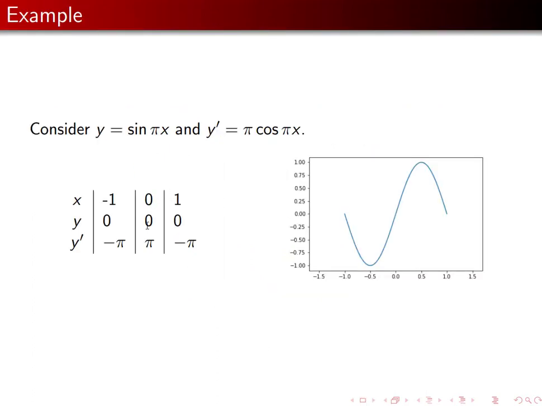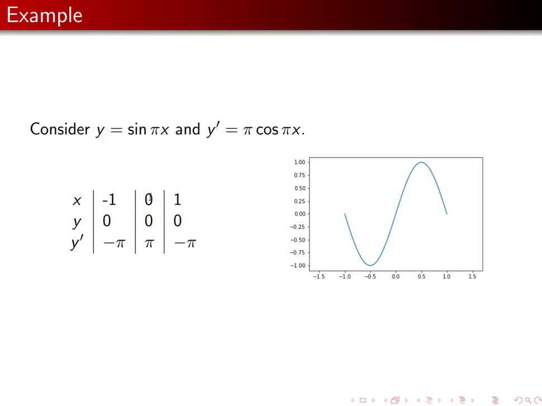Okay, and so let's look at an example of how we might do this. I am going to do the sine of pi x, and the derivative of the sine of pi x is pi cosine of pi x. And my data here at -1, the function is 0 and its derivative is equal to -pi.